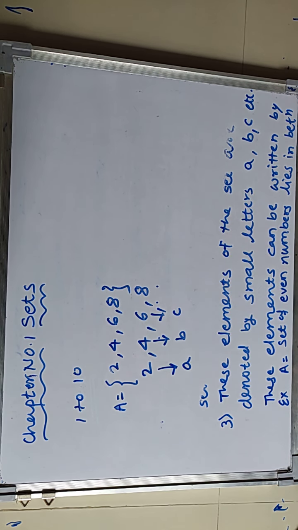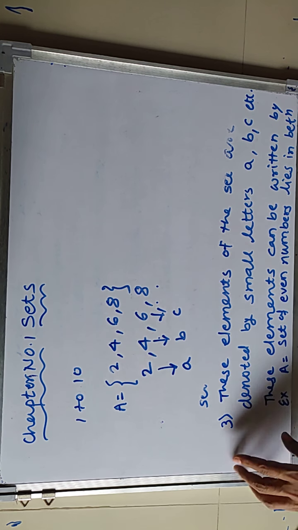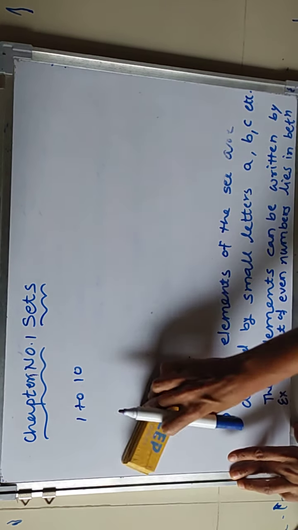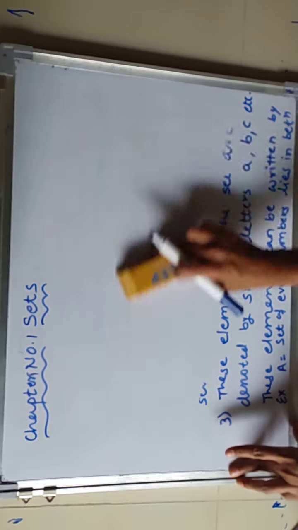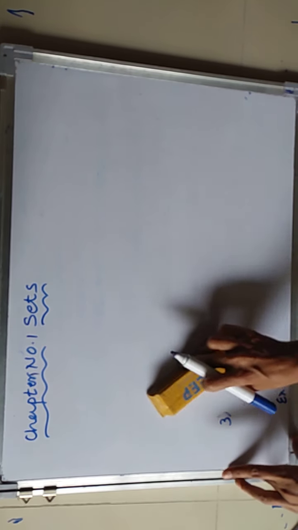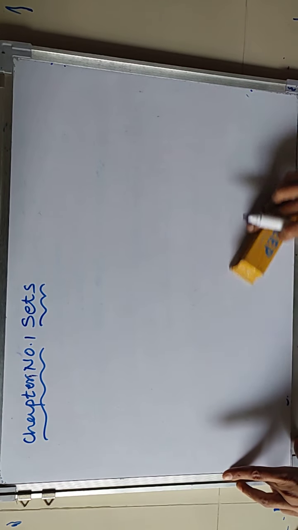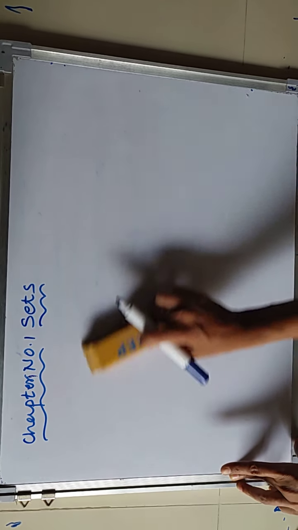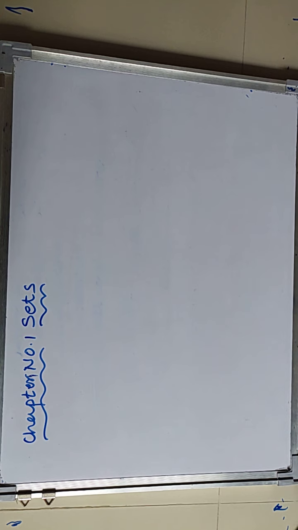Are you getting it, students? In a set you represent the set by capital letters, and the members or elements of the set can be denoted by small letters, with a comma in between them.